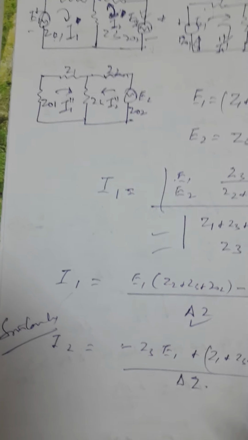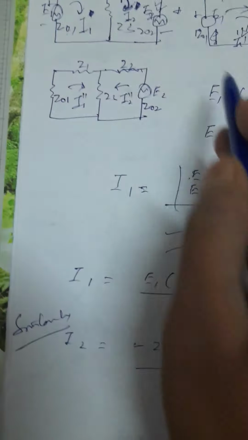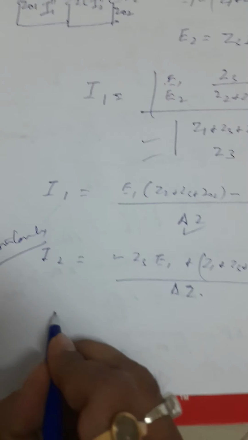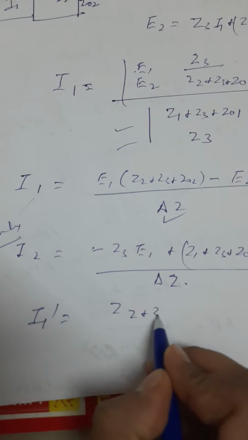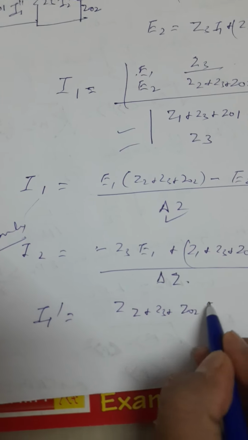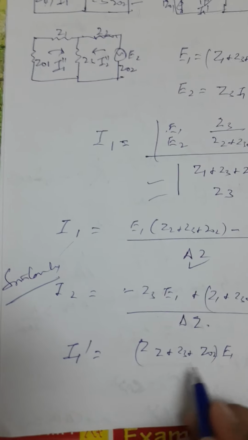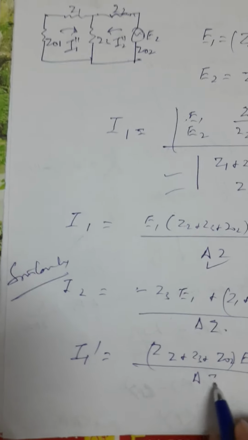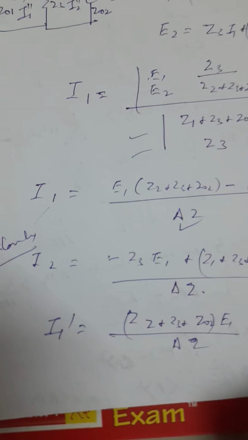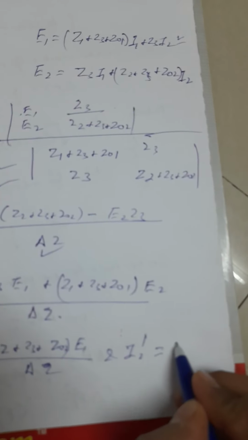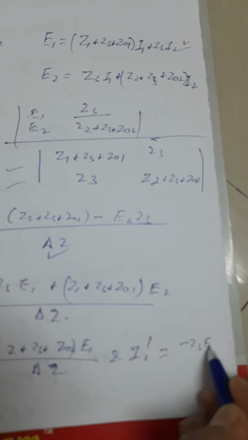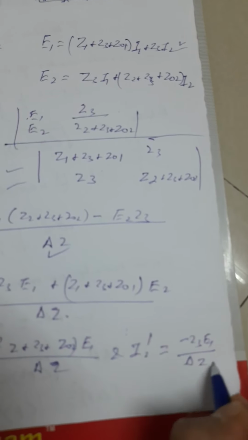Using the two figures, we'll have I1 prime equal to (Z2 plus Z3 plus ZO2) E1 by delta Z, and I2 prime equal to minus Z3 E1 by delta Z.